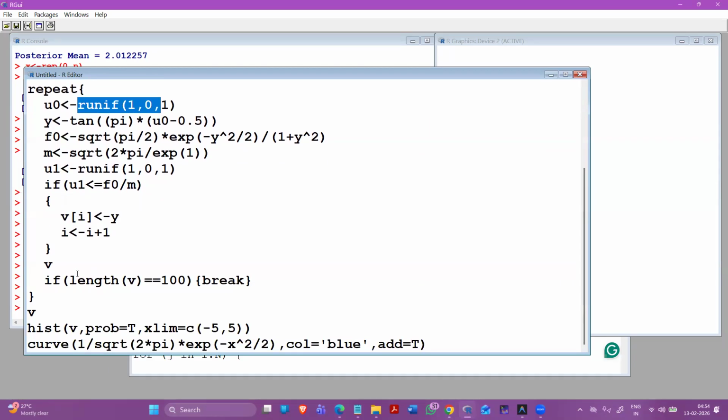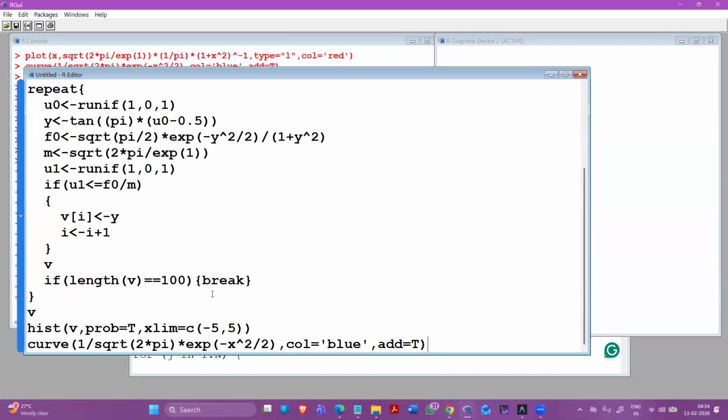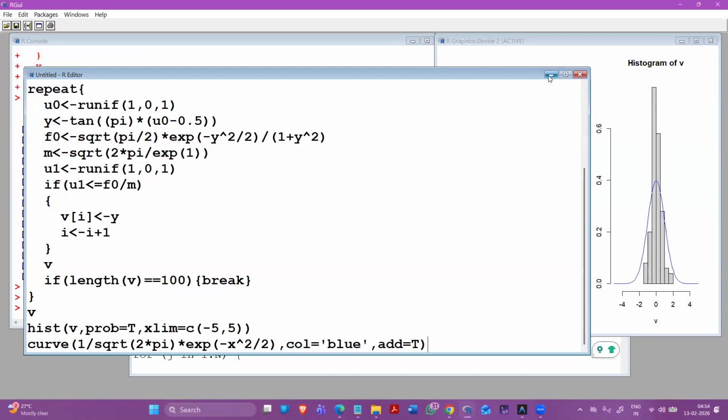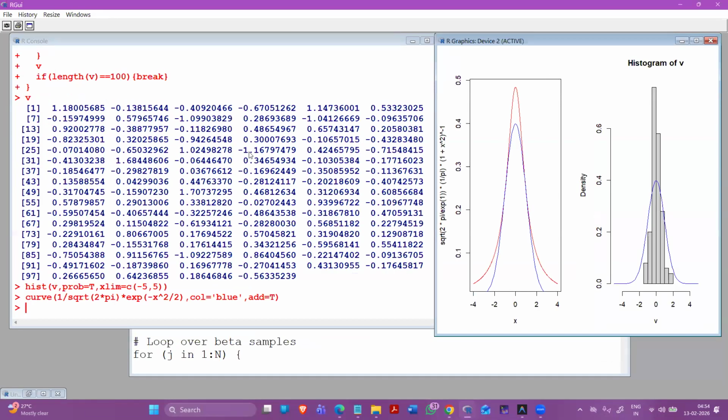All right, so if we just check here, we got the 100 v values from the standard normal distribution for the Cauchy distribution.